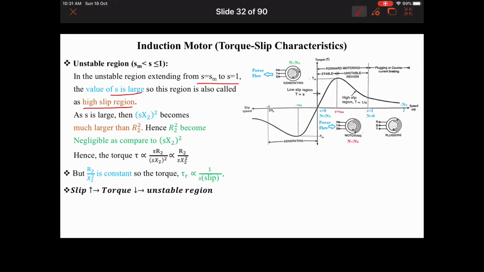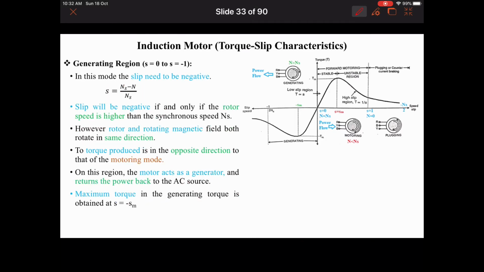Hence, the torque is proportional to s r2 divided by s x2 whole square, or we can say that the torque is proportional to r2 divided by s x2 square, but r2 divided by x2 square is constant, so the torque is proportional to 1 upon slip, or torque is inversely proportional to slip for the unstable region. It means if the slip increases, the torque will decrease in the unstable region, as shown in this picture here.